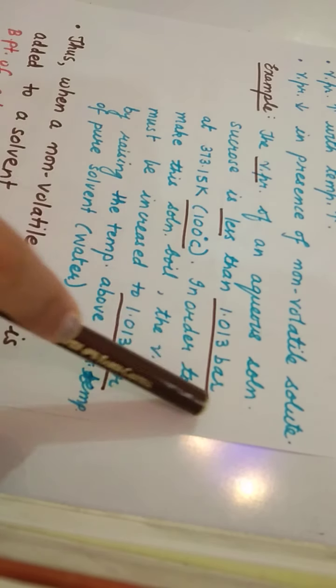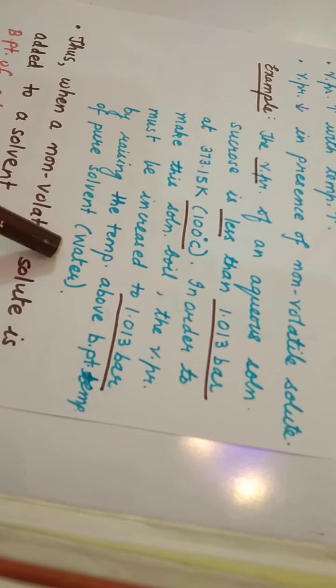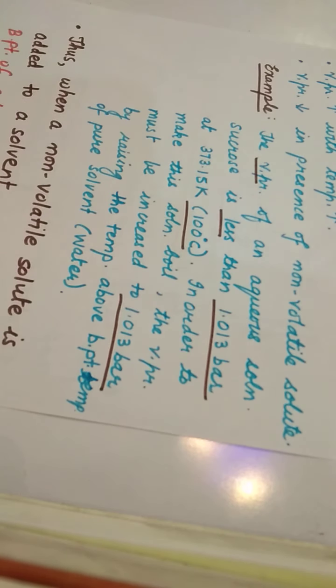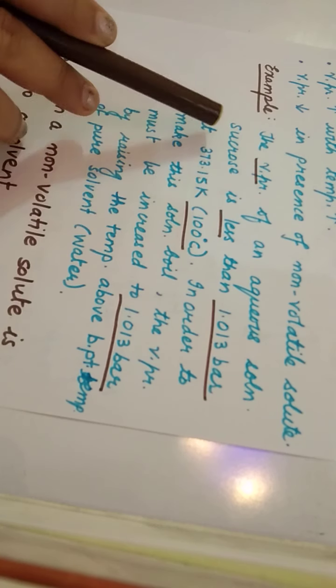So to increase this vapor pressure, we have to increase the temperature, because on increasing the temperature of the pure solvent, that is water we have taken, then only it will convert into vapors, and then only will there be an increase in vapor pressure.